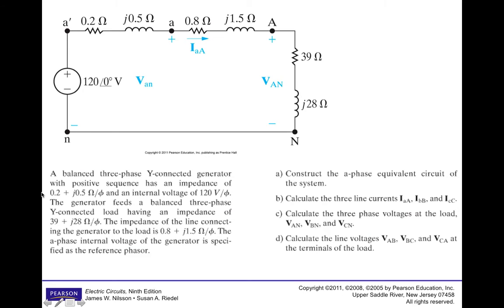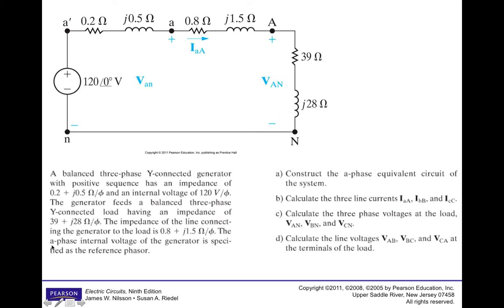It tells you the impedance of the generator, and then it tells you its internal voltage, which is 120 volts per phase. It feeds a balanced three-phase Y-connected load that has the following impedance, 39 plus j28, and then it gives you the impedance of the line that connects the generator to the load. It tells you that A phase is specified as the reference phasor.